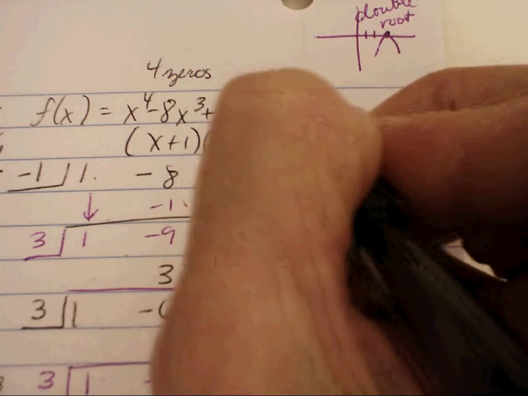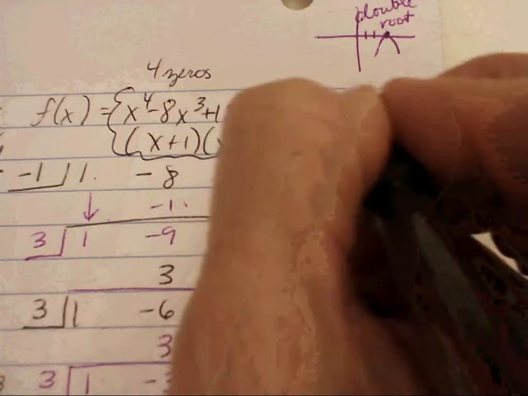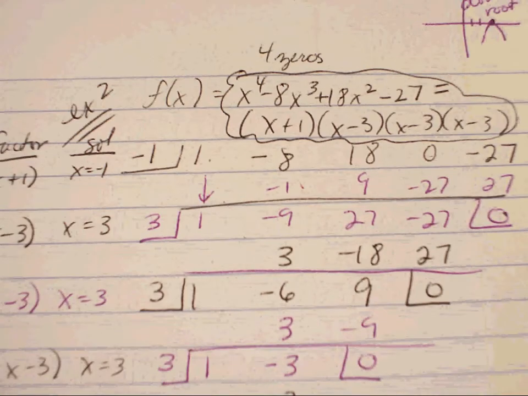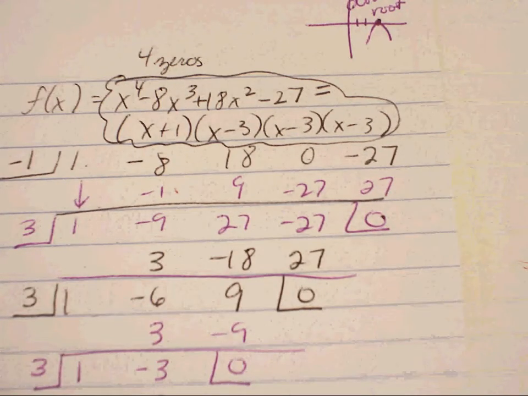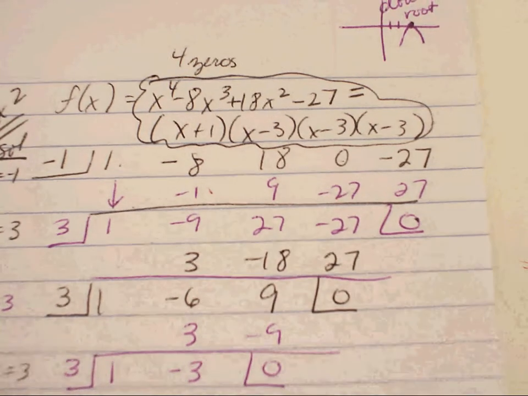We don't have to worry about changing fractions in our factors because all of our leading coefficients were 1. See, there was a 1 in each one of those positions. But we can write our polynomial in factored form now. And you could write it x minus 3 cubed if you wanted to.